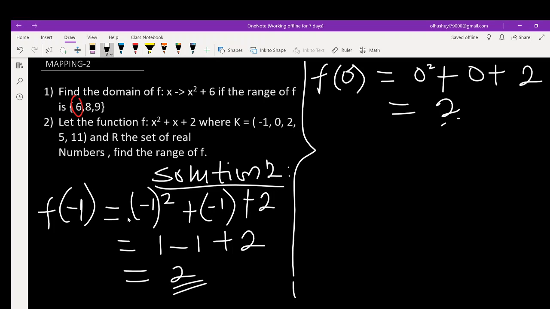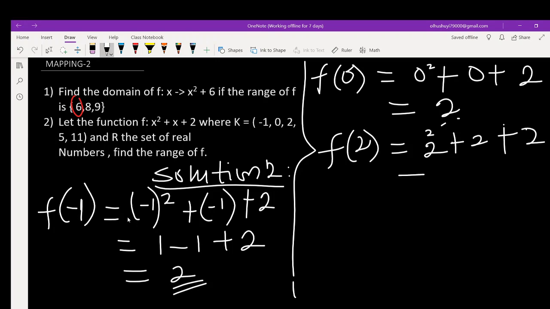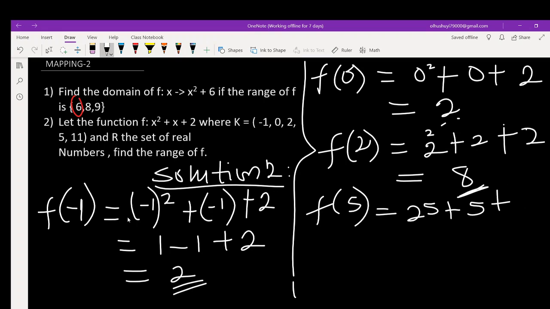Then we have f of 2. Function of 2, we have 2 squared plus 2 plus 2. What will that give us? That's 4 plus 2, 6 plus 2, that's 8. Then we have f of 5. 5 squared is 25, plus 5, plus 2.